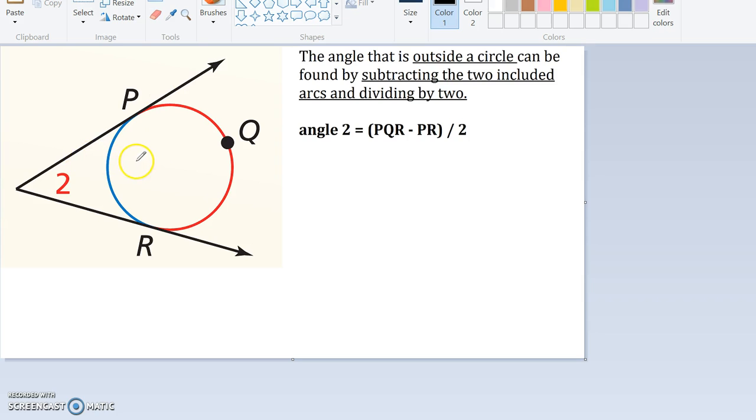So again, if we're going to make up some numbers, let's say this is 80. I guess it has to be more than 80, so let's say it's 189. And this is going to be the difference between that and 360, so it's going to be 171. Angle 2 is going to be 189 minus 171, then divided by 2.